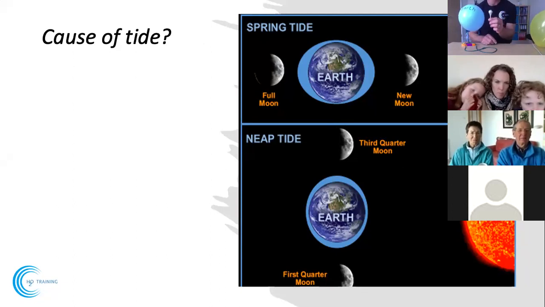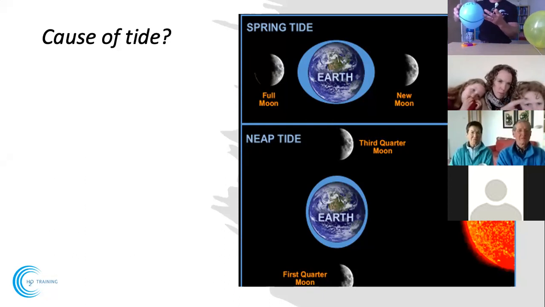But if we think about the moon pulling the water towards it, and the string represents the water, if you like, whenever the moon pulls on the earth, it pulls all of the water towards it. And as the moon goes around the earth, it pulls the water all the way around the earth.